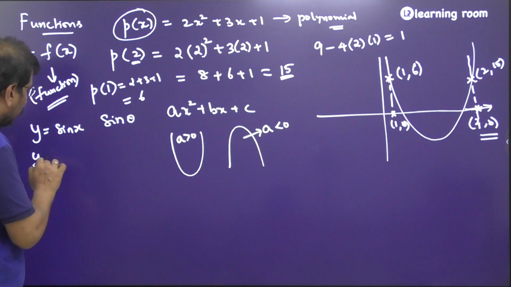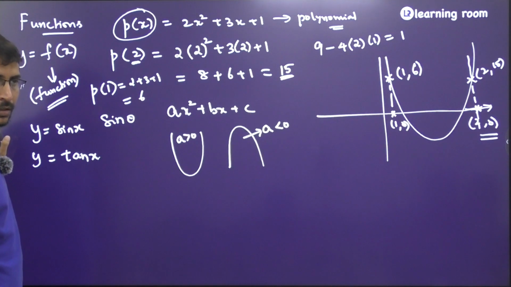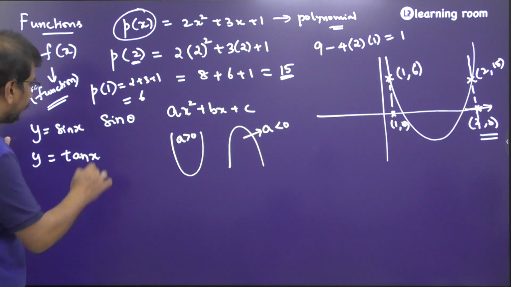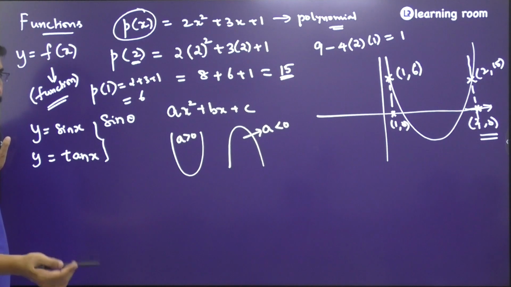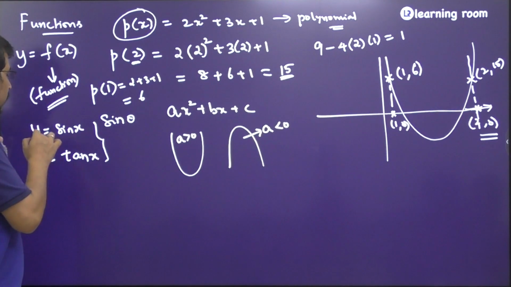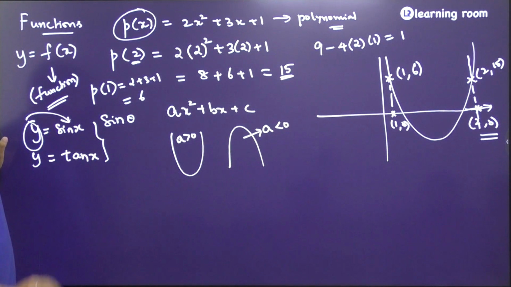Similarly, y is equal to tan x. This is a trigonometric function. That's it. Okay. That angle is a variable. If one value depends on the other, then it is said to be a function. So you give one input, you take one output.